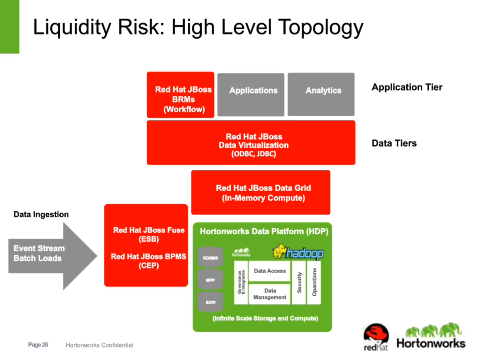The other piece of the architecture, which we are building things like demos and quick starters on, is the virtualization platform that Red Hat supports. The idea is that some data is sitting in the data grid, some in the relational database, and all of this needs to be married with the master repository of data, which is the data lake, which is HDP.